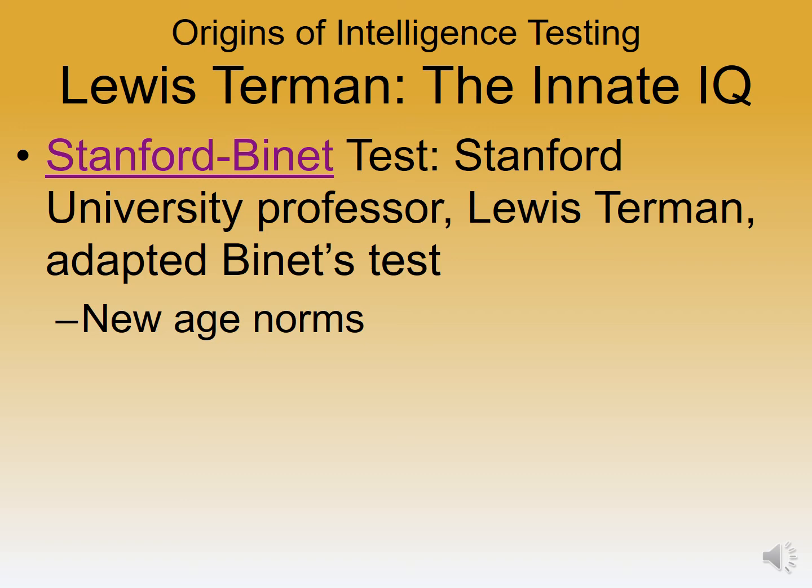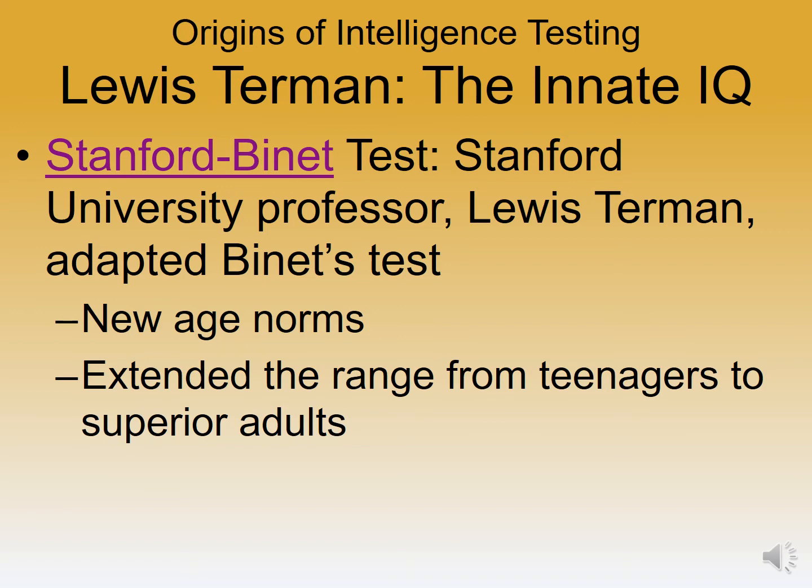The French norms did not go with the California kids. So he adapted some of the original items, added some others, and came up with new age norms. He also extended the age range from teenagers to what he called superior adults. And so the modification that he came up with is now called the Stanford-Binet test.